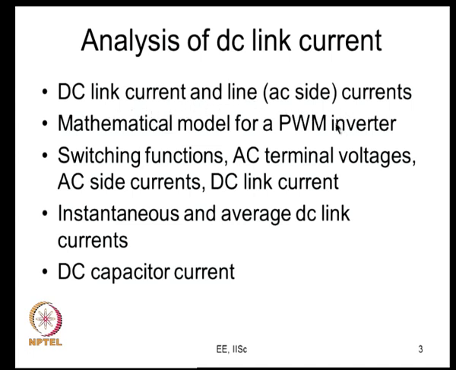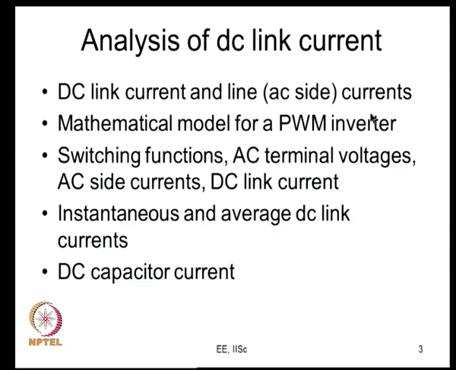Now, what I have observed while teaching this course at the Indian Institute of Science and otherwise is that students generally are very familiar with the line currents, they get quickly familiar with this, because the DC side voltage is fixed and we multiply with some modulating signal and we generate an AC output, and once there is an AC output voltage, you have a load.